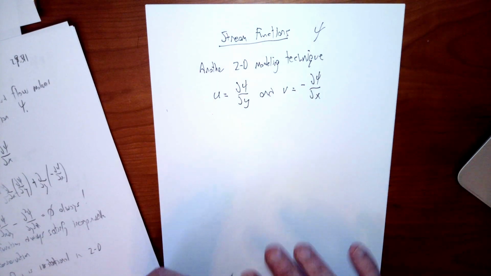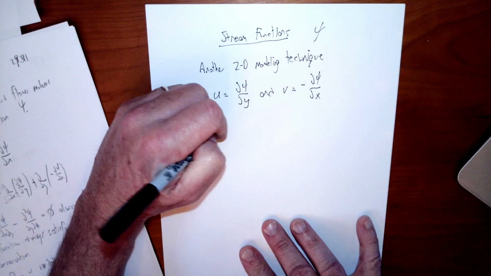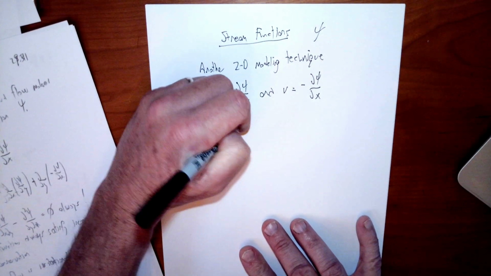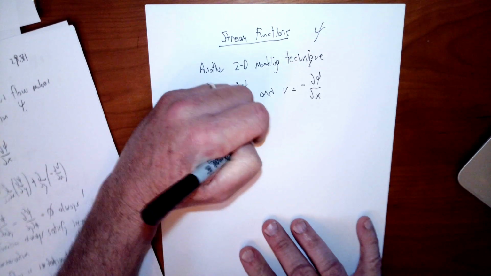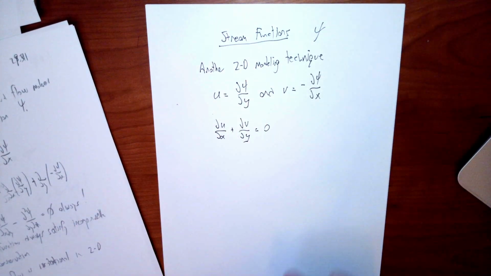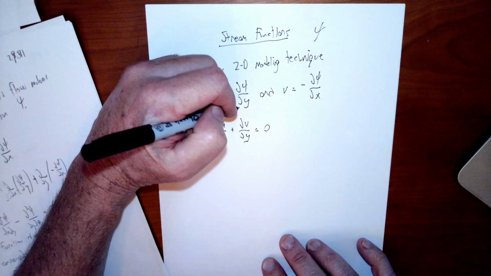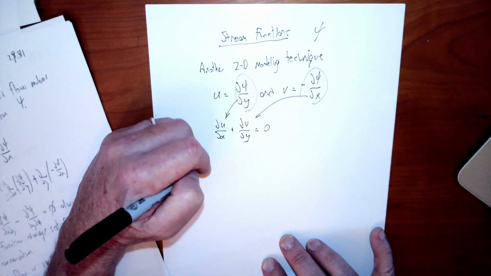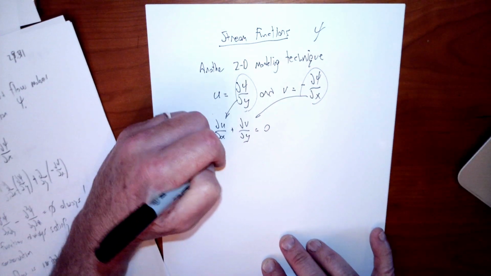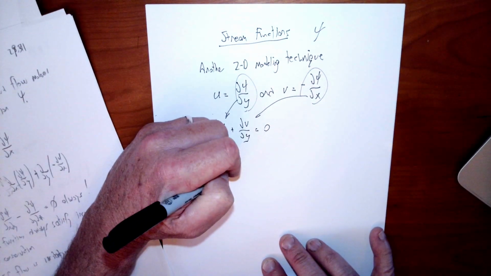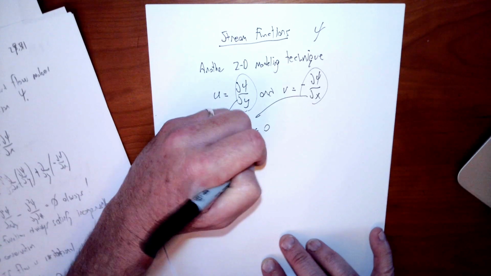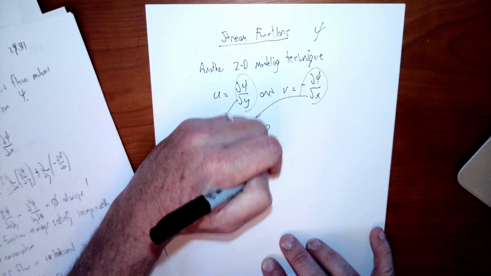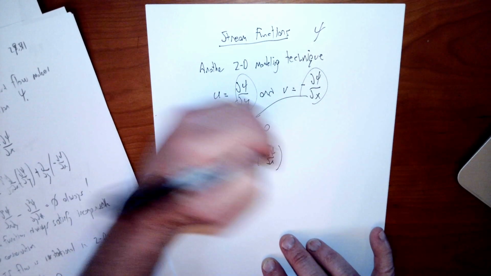Those are convenient because, again, if you look at the 2D conservation of mass equation, we have du dx plus dv dy is equal to 0. That's incompressible two-dimensional flow, and we plug in this here and this here. Let's see what happens. So we get d by dx of d psi dy plus d by dy of negative d psi dx, which equals what?